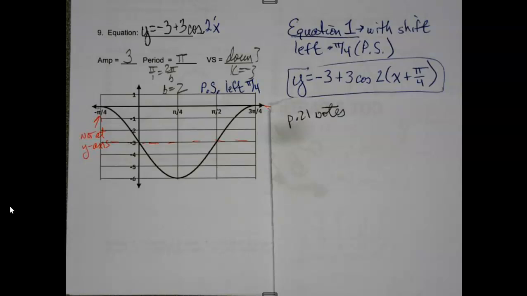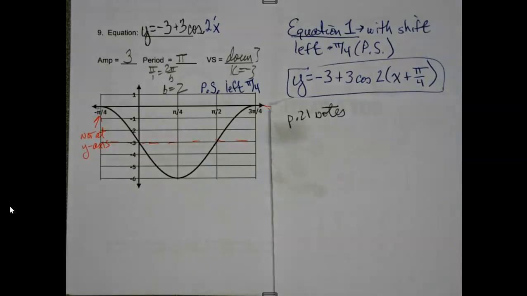And remember, if I wanted to go left, my phase shift's in here, always the opposite of what I would think. You'd think left is negative, but it's not. That +π/4 signifies it. So if you're putting your equation for exactly what you see in your graph, you would have to put the phase shift in. That's one option. If you hate that option, there actually is a way to avoid it.